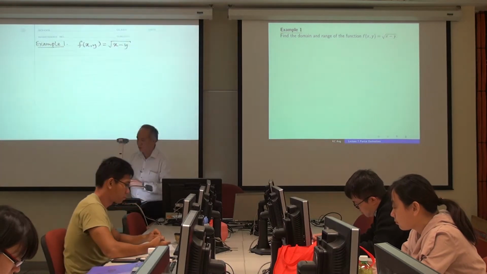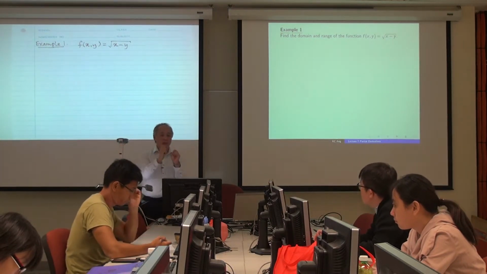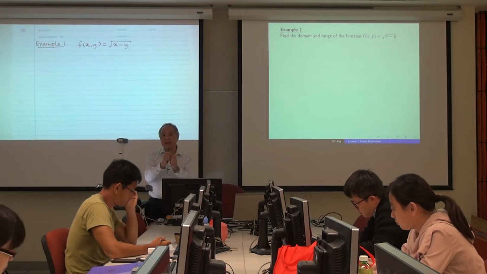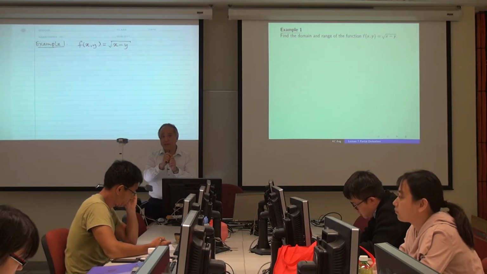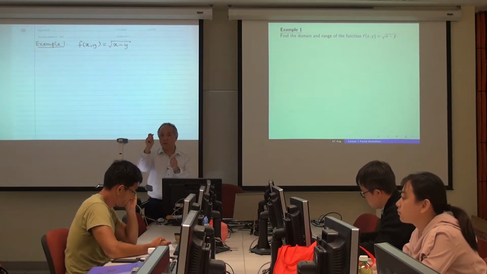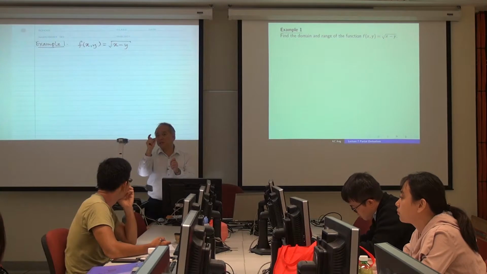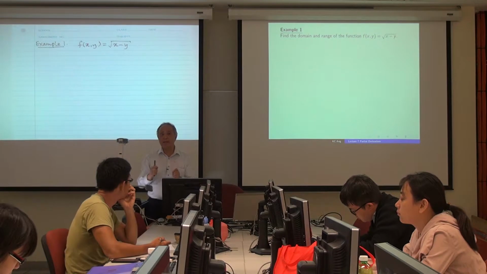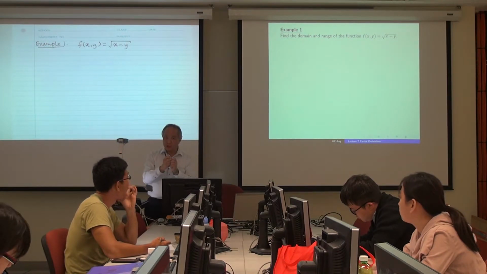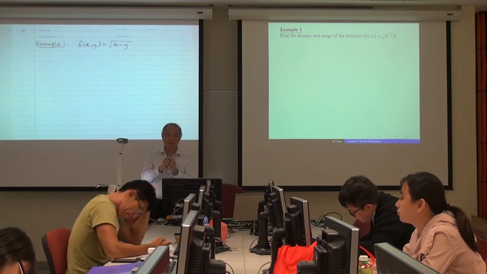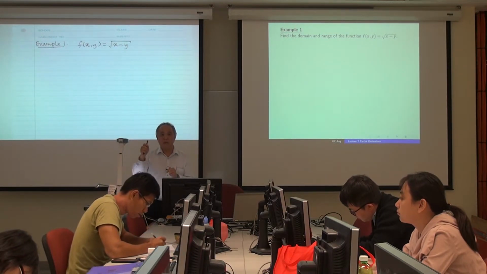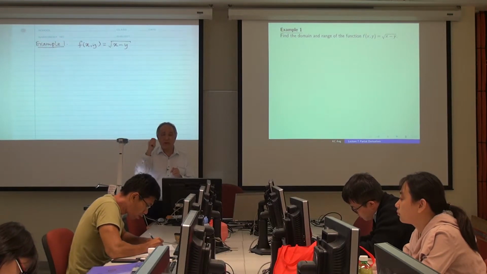So we are asked to find the domain, meaning that the domain here refers to the whole set of ordered pairs (x,y) that will give you a real value for f(x,y). I say that again. You want to find the set of ordered pairs (x,y) that will give you an acceptable real value for f(x,y).